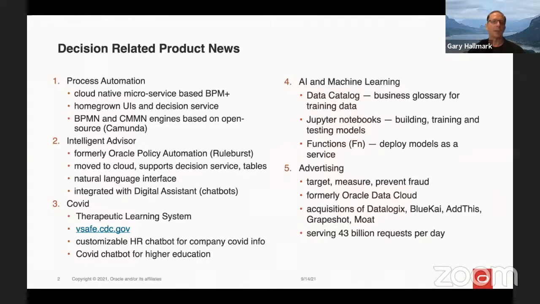Intelligent Advisor, formerly Oracle Policy Automation, which was an acquisition of RuleBurst 8-10 years ago. So that's also moved to the cloud and supports decision services. It used to just be desktop and decision tables. And it has a natural language interface. Its origin was marking up policy documents, and it works with backward chaining.